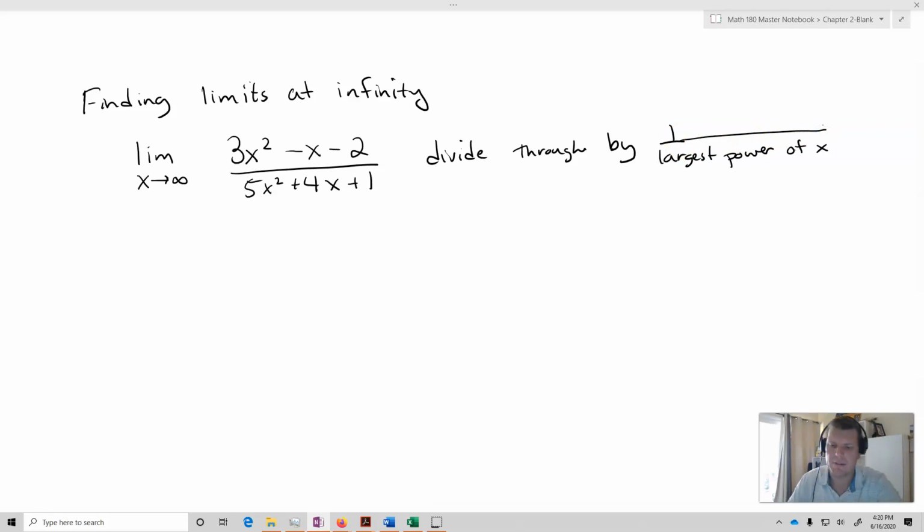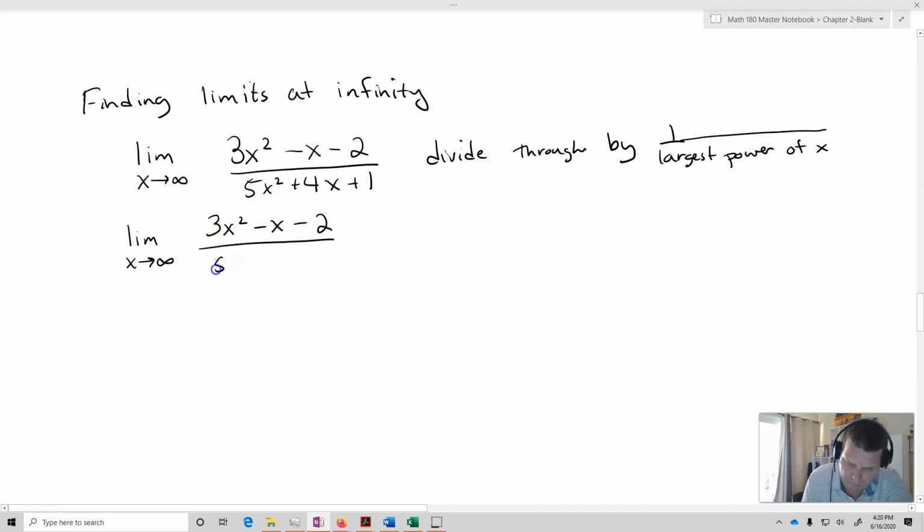That's 1 over x squared. So this is the limit as x approaches infinity of 3x squared minus x minus 2 over 5x squared plus 4x plus 1 times 1 over x squared divided by 1 over x squared.